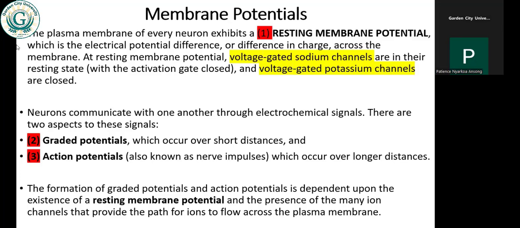So if these voltage-gated channels are closed and there is a little change in, let's say, the dendrites of the neuron, a little trigger that would change the membrane potential, let's say from minus 70 to minus 69, away from its resting state, then this voltage-gated channel would open.